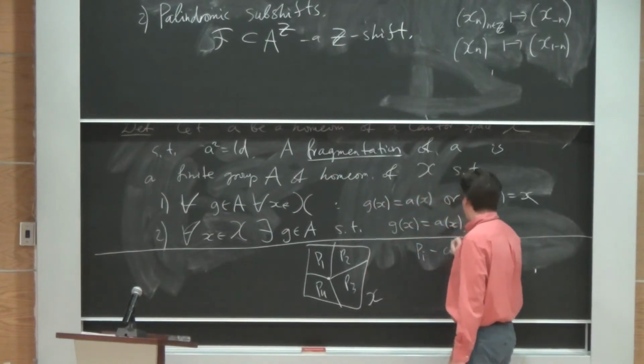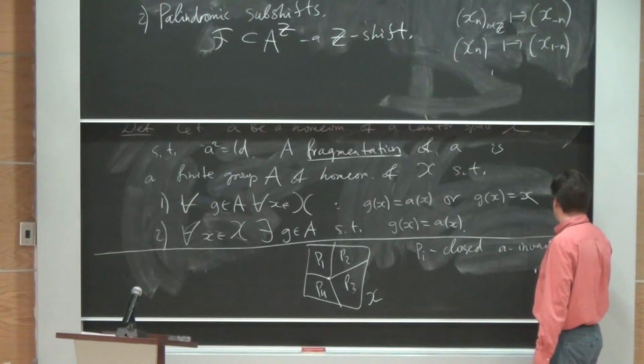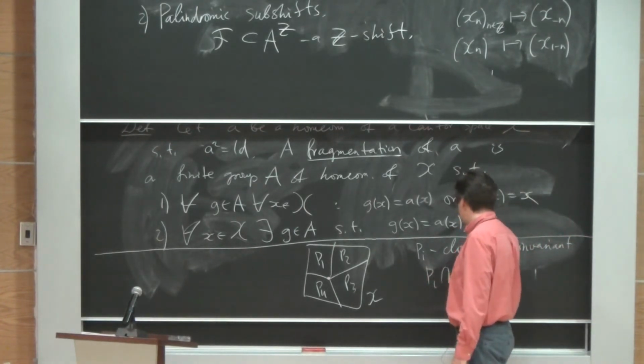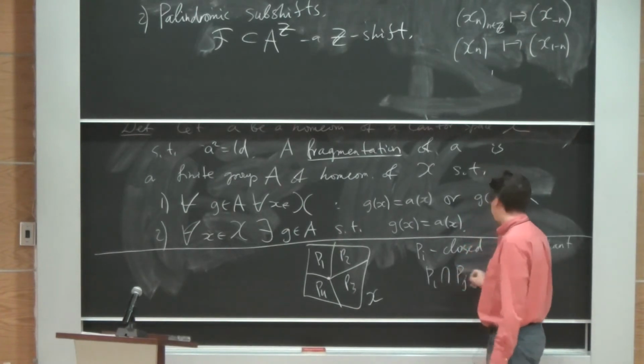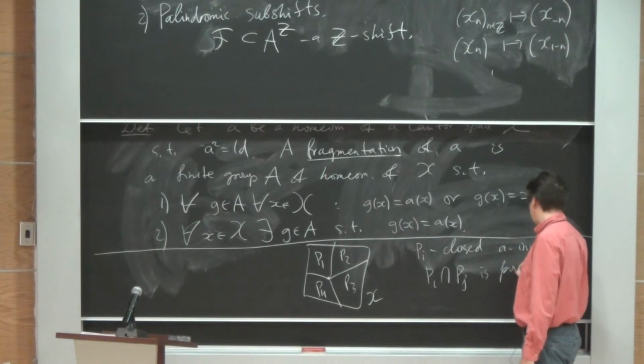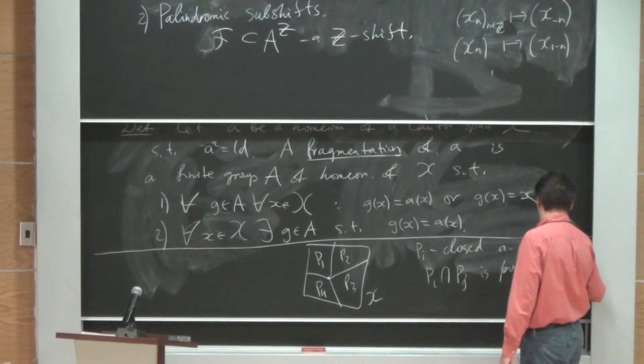The P_i are closed A-invariant, and any intersection is pointwise fixed by A.